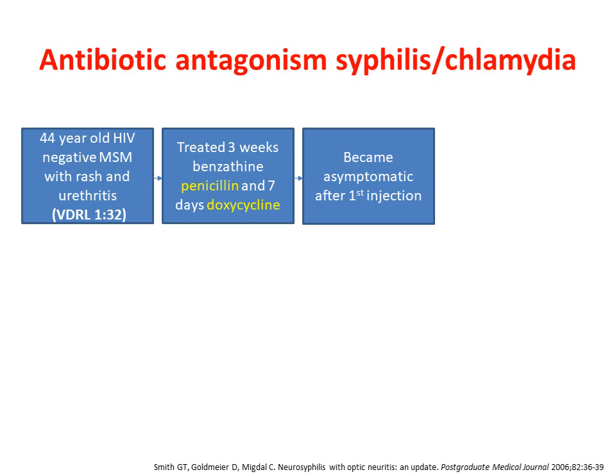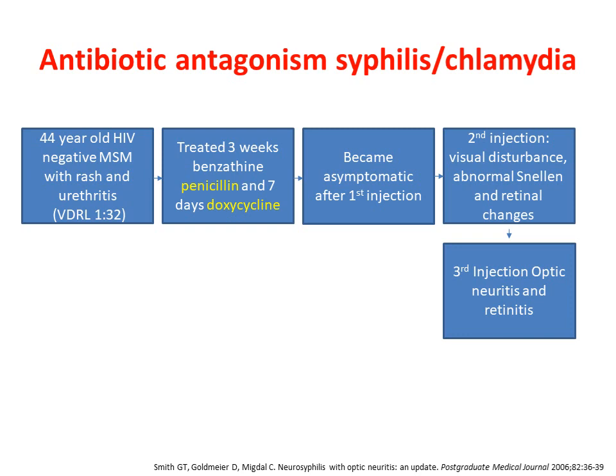His VDRL was 1 to 32, and he was simultaneously treated with 3 weeks of benzathine and 7 days of doxycycline. His symptoms resolved in a week. However, by the second week, he started to develop blurred vision, and by the third week, he had signs of optic neuritis.